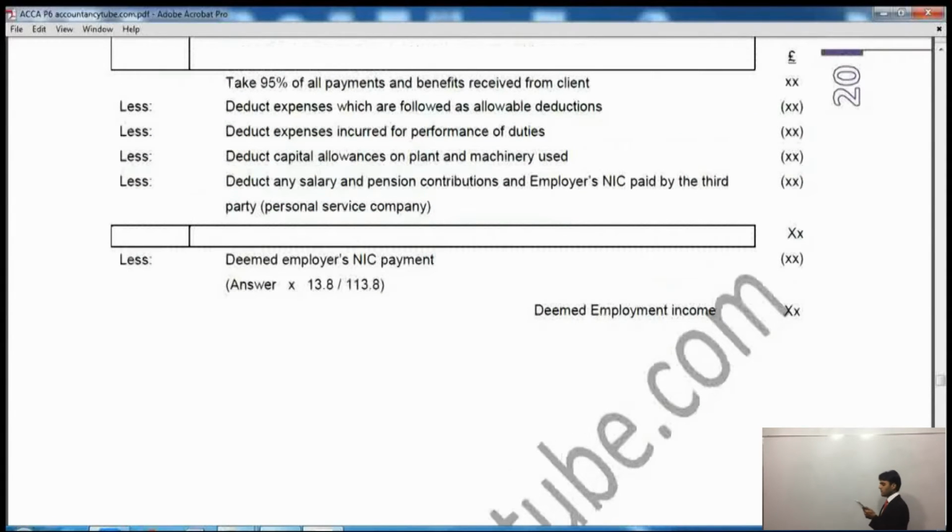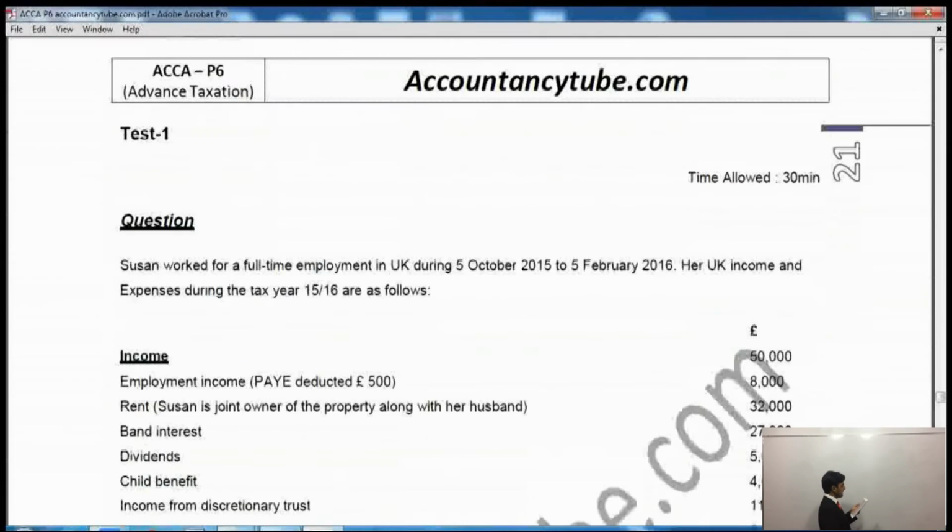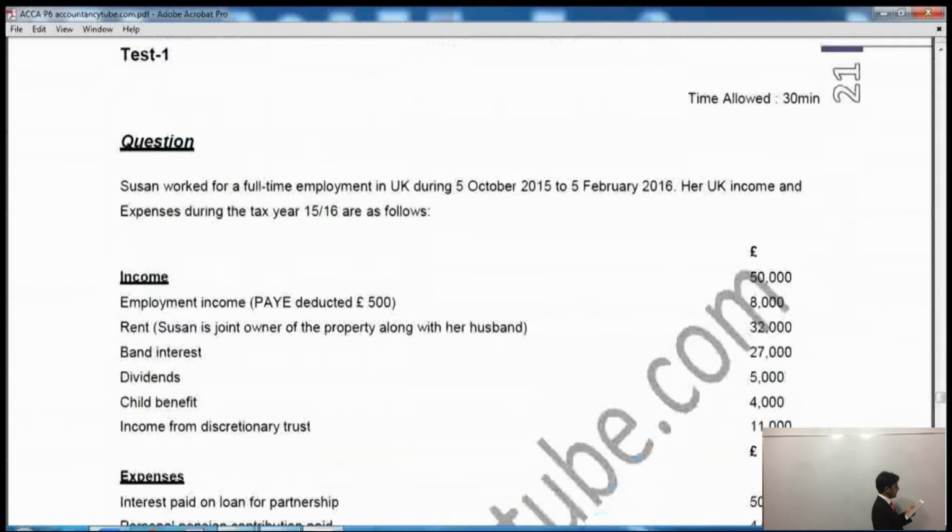So we'll total that, whatever the total is, then we will deduct the deemed employer's NIC payment. In order to calculate this deemed employer's NIC payment, we have to take that figure and multiply it by 13.8% divided by 113.8. That way we can deduct the deemed employer NIC payment.